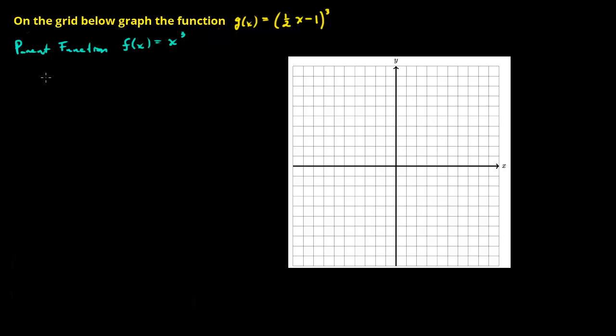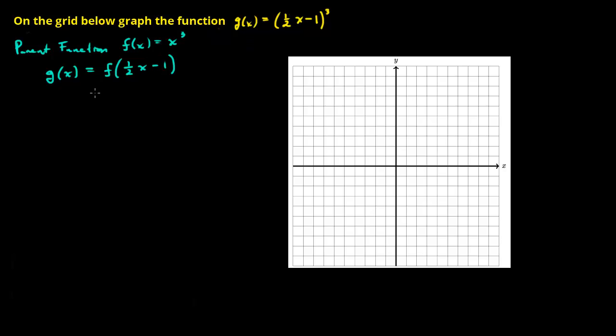Well, if I look at the equation of g of x and the equation of f of x, it becomes quite apparent that g of x is equal to f of 1/2 x minus 1. So if I plug 1/2 x minus 1 into f of x, I get g of x.